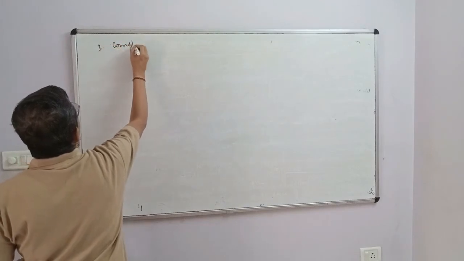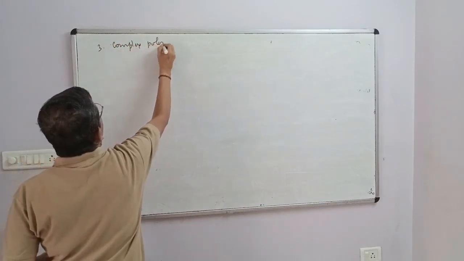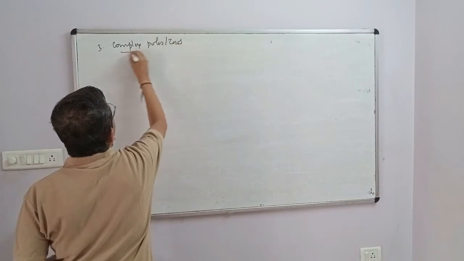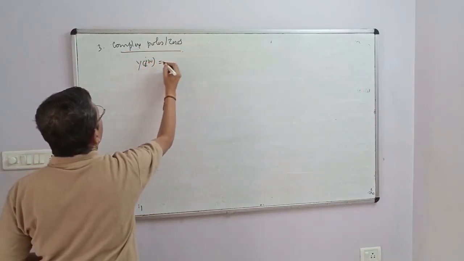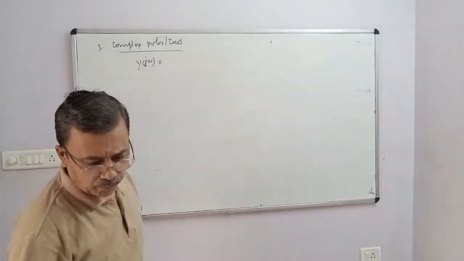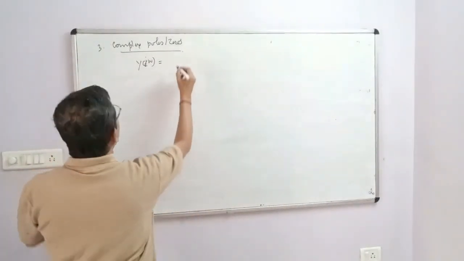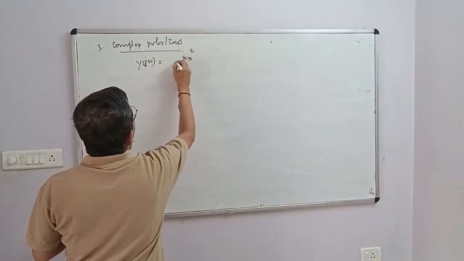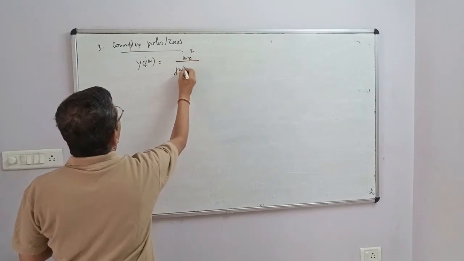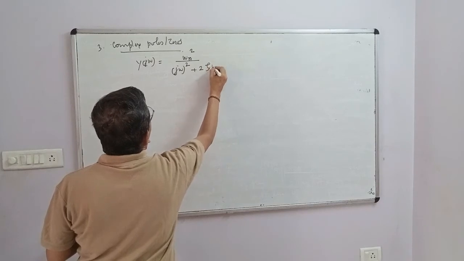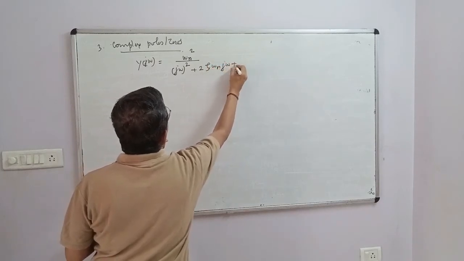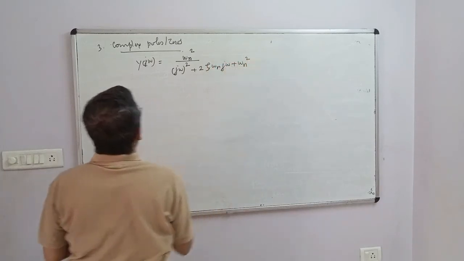Complex poles and zeros. Let me take y of j omega is equal to omega n square divided by j omega whole square plus 2 zeta omega n into j omega plus omega n square.